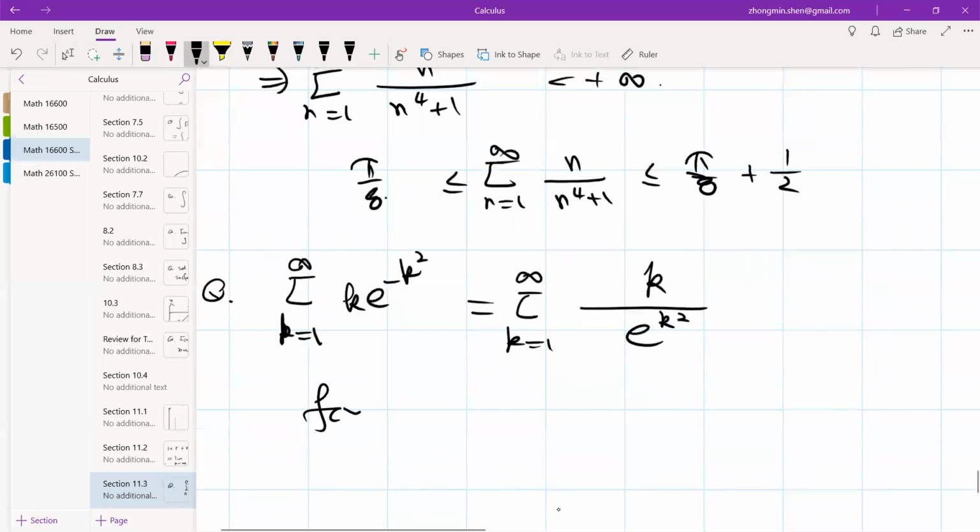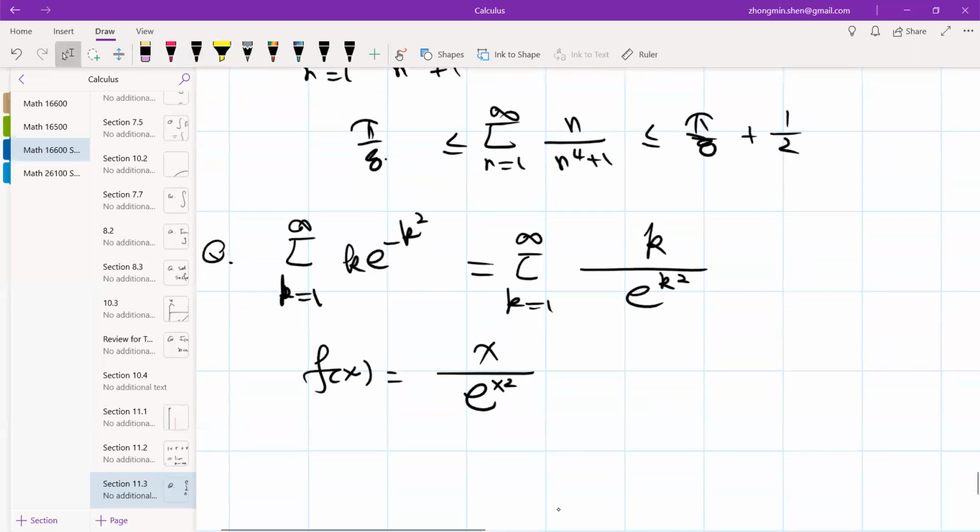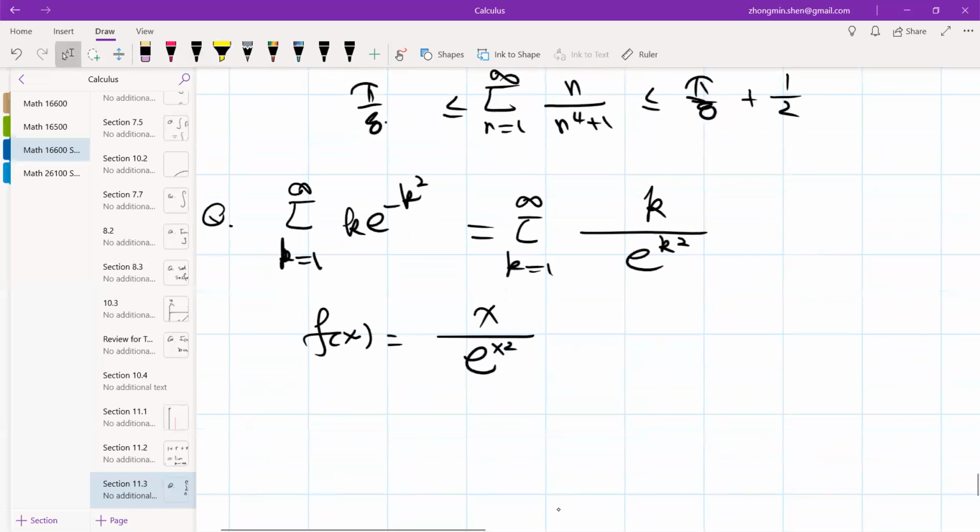So here f of x is going to be x over e to the x squared, right? The corresponding function. It's positive, it's continuous, but decreasing, you have to prove it. So decreasing, you have to be careful when you differentiate.